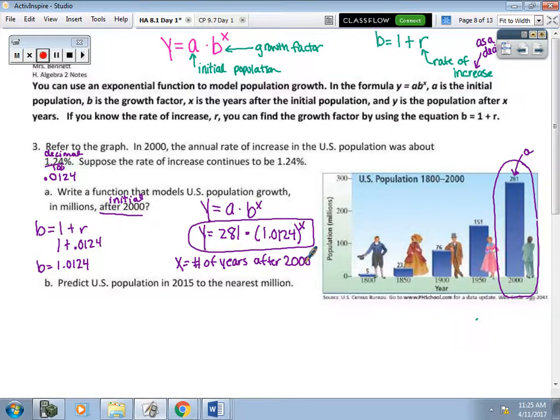So for part B, it says predict the U.S. population in 2015 to the nearest million. So that would mean that x is 15. So we just evaluate this equation, plugging in 15 for x. And you'll need a calculator to do this, obviously.